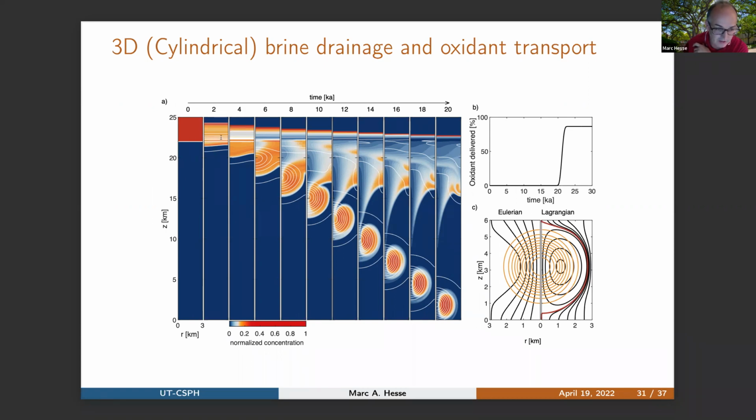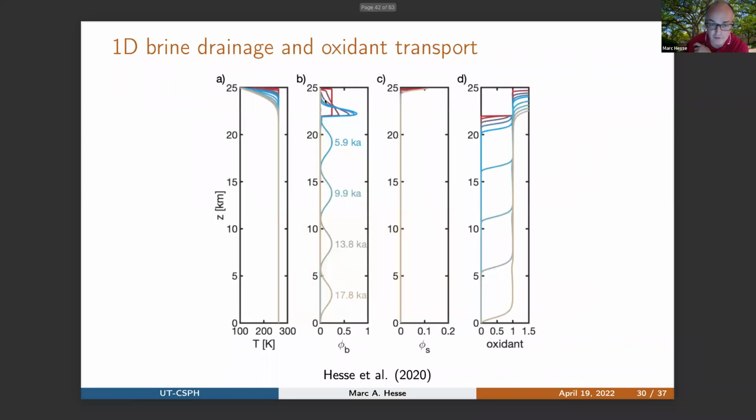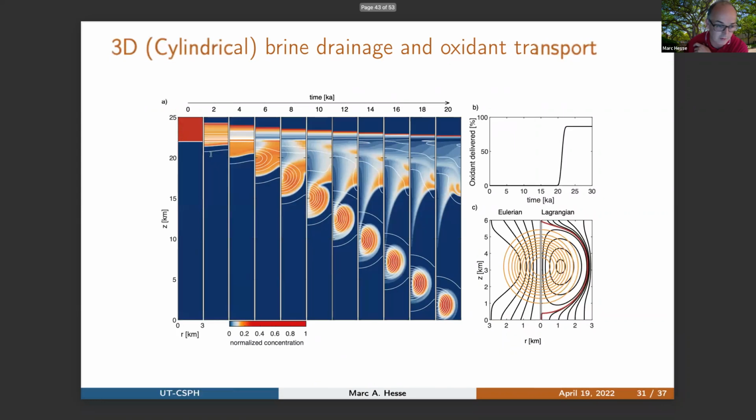So you see, initially you form this very high porosity layer against the base of the initially partially molten region. Those are those horizontal white lines. And then the oxidant in red begins to leak into the underlying ice, and then eventually a porosity wave forms, establishes itself, and propagates down with a constant phase velocity.